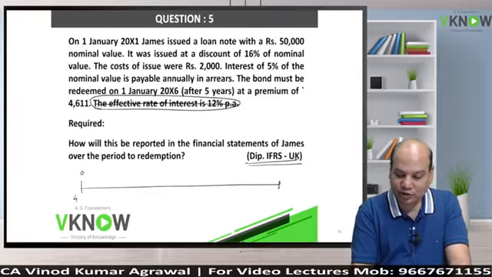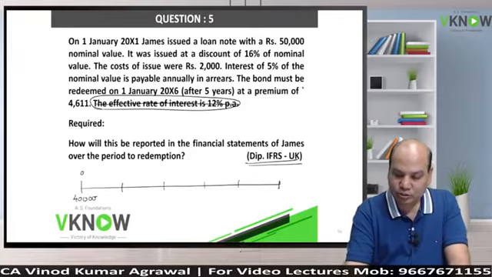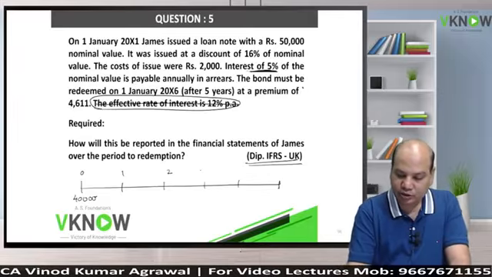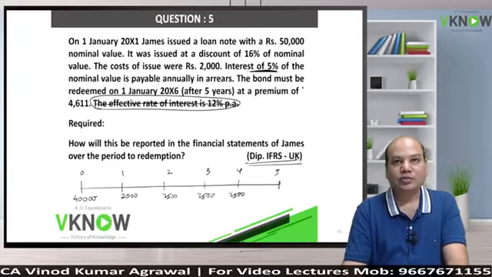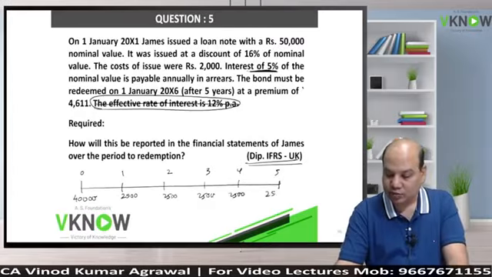Year 0 cash flow will be 40,000. For years 1, 2, 3, 4, 5, the cash flow will be, your coupon rate is how much? 5%. So the future cash flow will be 5% of 50,000, that is 2,500, and in the last year you have 2,500 plus 54,611.